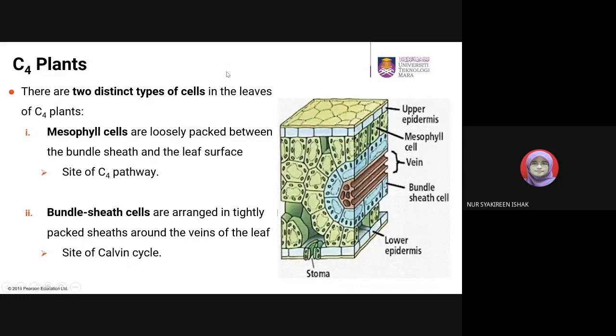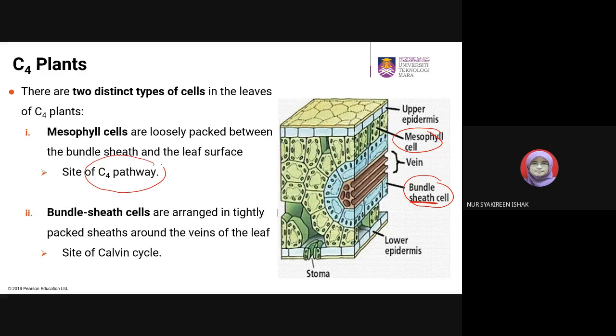So for C4 plants, dekat leaf dia akan ada dua jenis cell: mesophyll cell and also bundle sheath cell. Remember how to spell sheath correctly: bundle sheath cell. Mesophyll cell is the main photosynthetic cell lah. Mesophyll cells are loosely packed between the bundle sheath cell and the leaf surface.